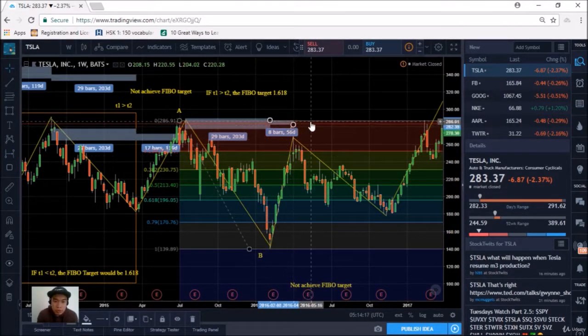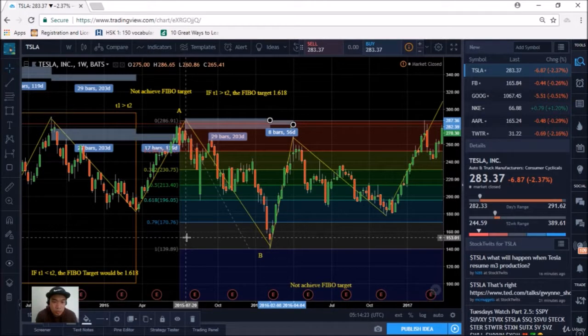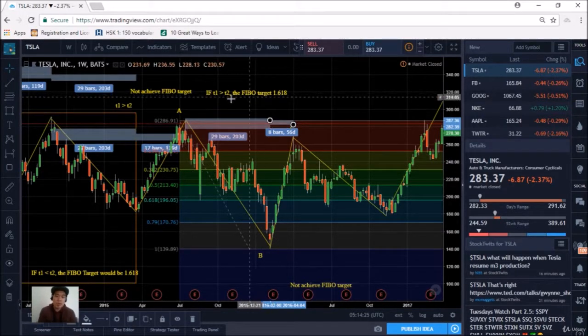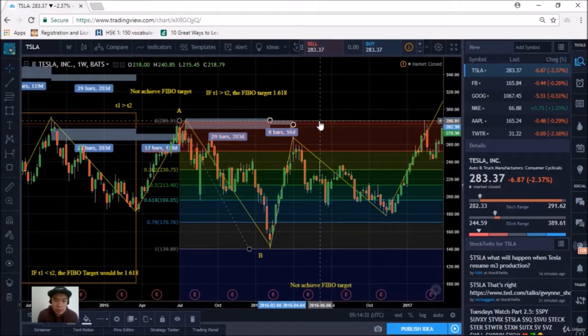So what you can see is T1 is more than T2. If T1 is more than T2, the Fibonacci target is 1.618.